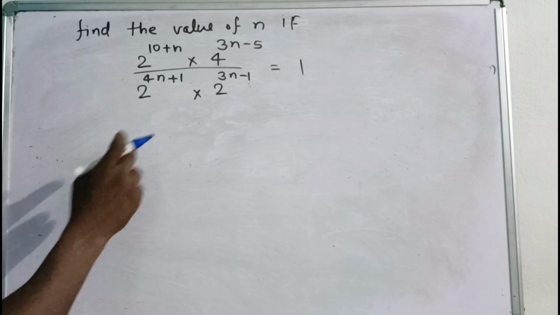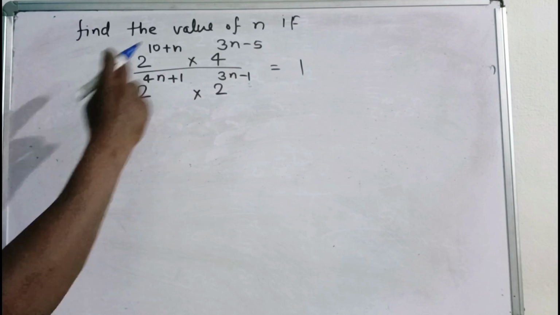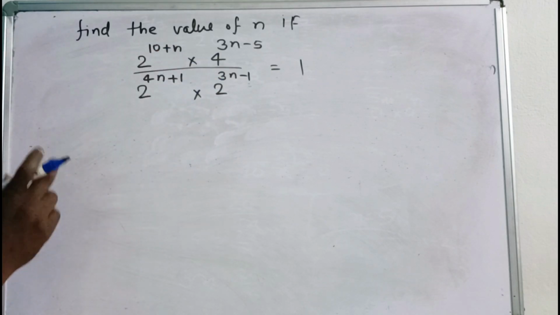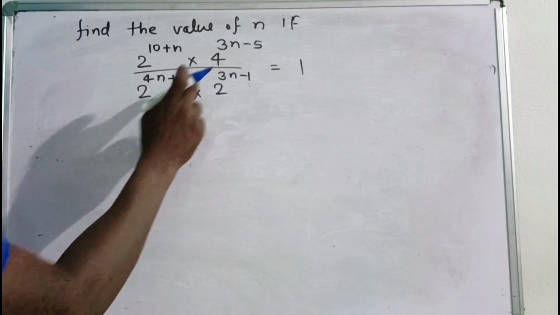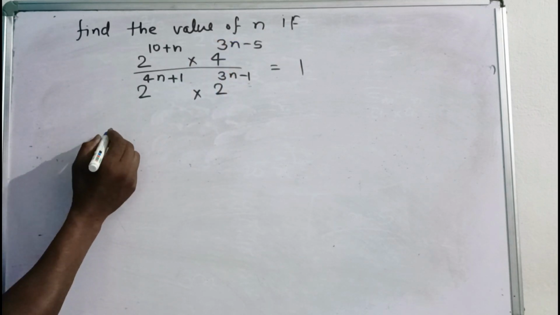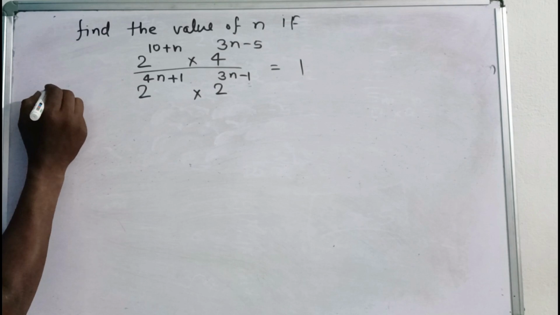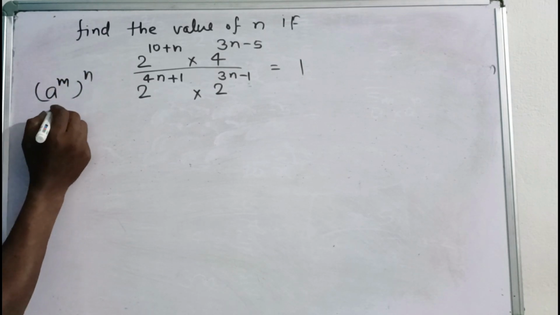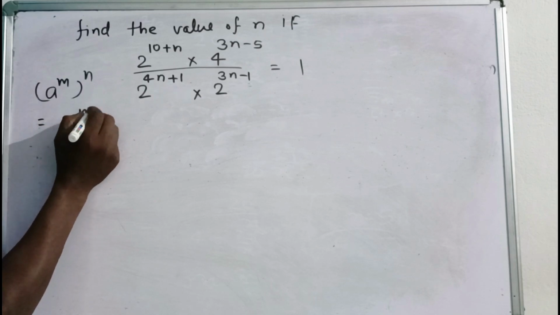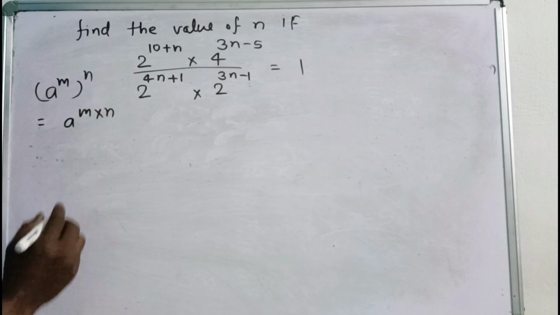First of all, हमें सब बेस जो है वो एक ही इसमें लाना है, एक ही क्वांटिटी में. यहाँ पर 4 है तो we are using the property a raised to the power m raised to the power n is equal to a raised to the power m into n.